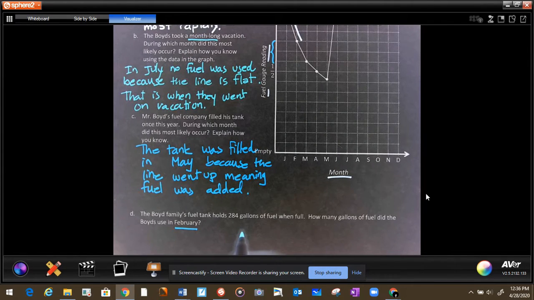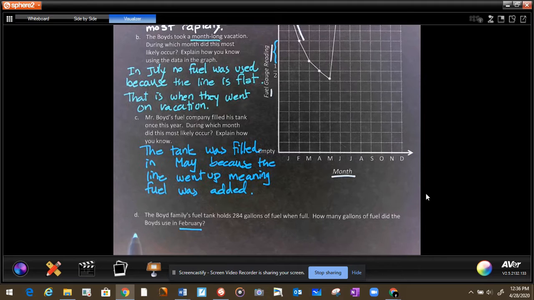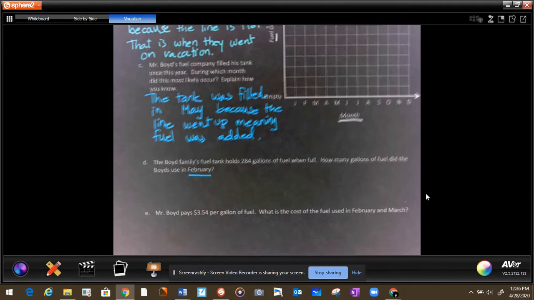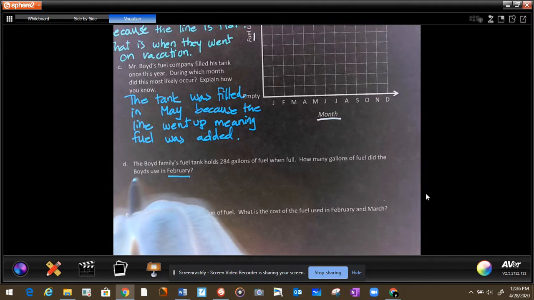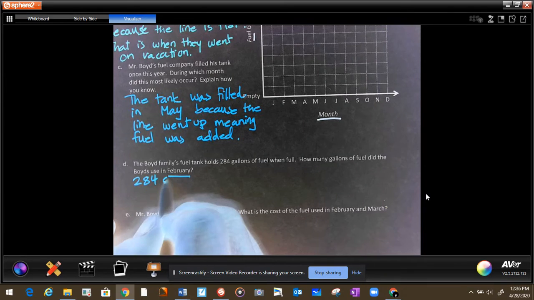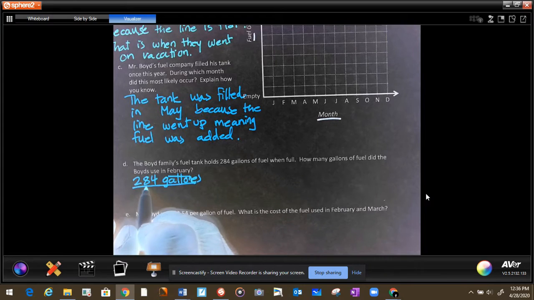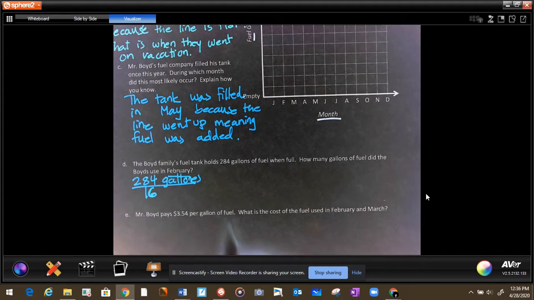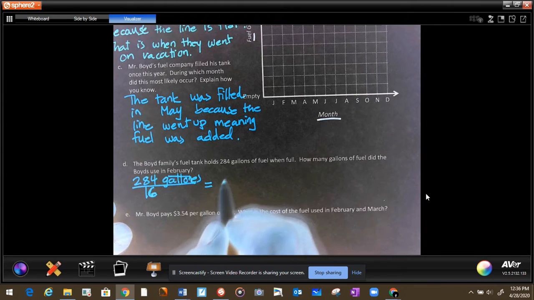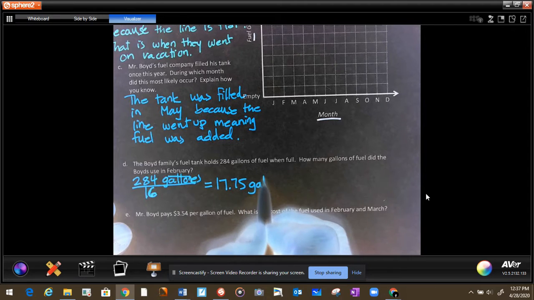So our division is 284 gallons divided by 16, because we want to know how much is one of each increment. And I did the math before, so it's going to be 17.75 gallons.